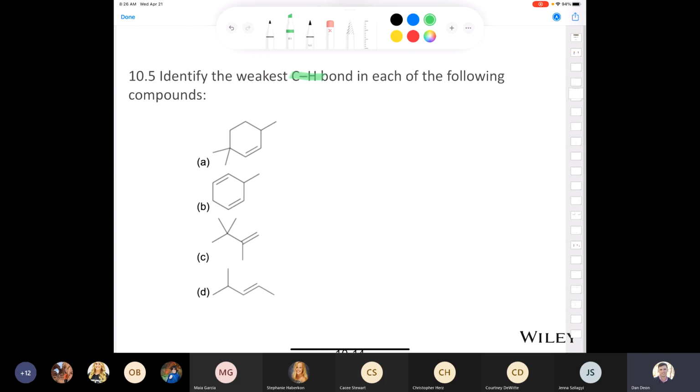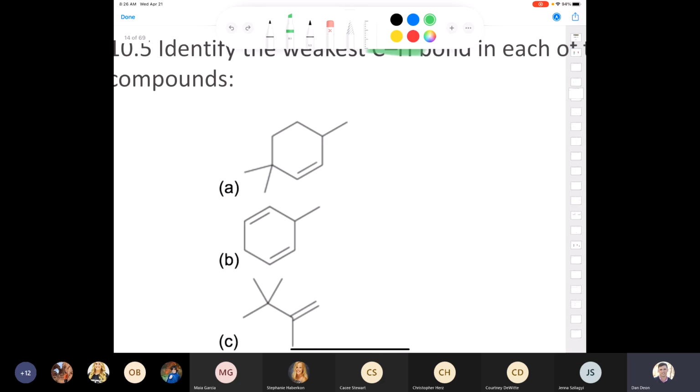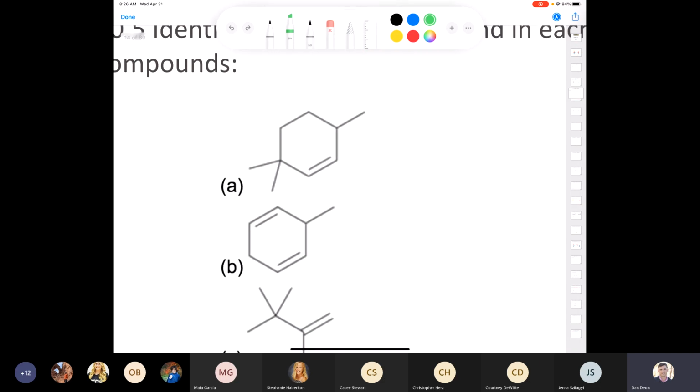If we take a look at A and analyze this molecule in detail, you see that we have a pi bond here. And we have all kinds of carbon-hydrogen bonds in the molecule, but we only have one that's allylic. We have this one here. This is an allylic carbon-hydrogen bond.